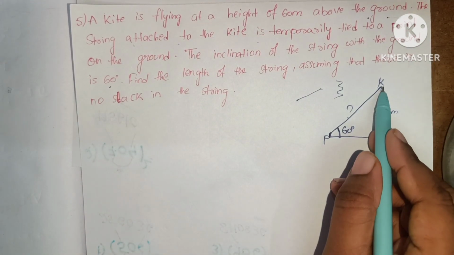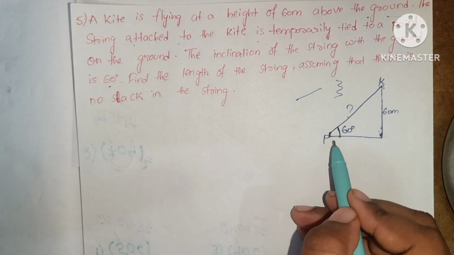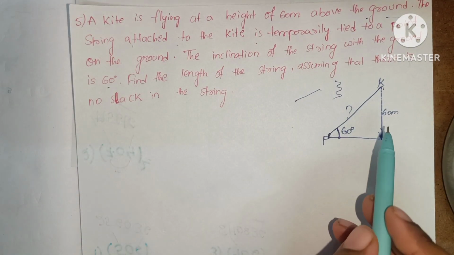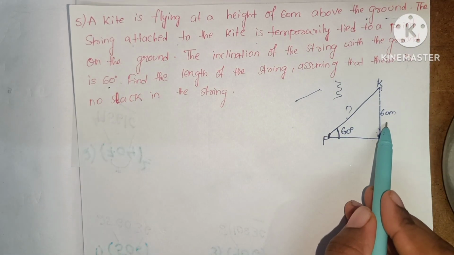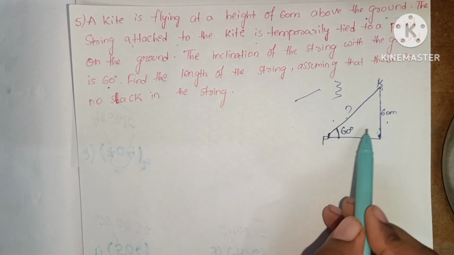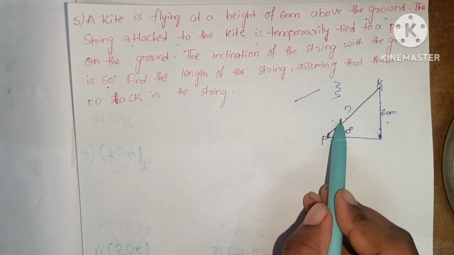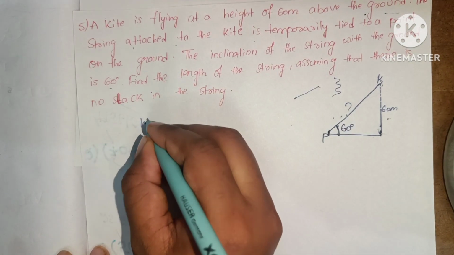See here, you know the opposite side and you know the angle. You want the hypotenuse. Opposite and hypotenuse, in which trigonometric ratio will you get it?